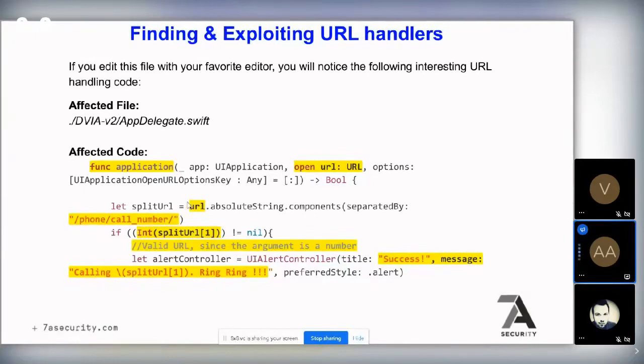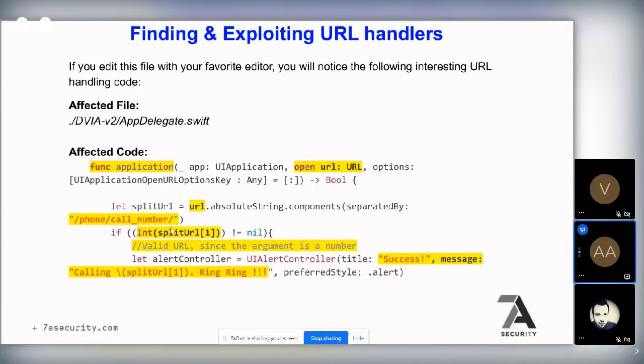So this is taking the URL, and the chunk before this string will be at position 0 of the array. Then whatever comes after the call number will be in position 1 of the array, right?